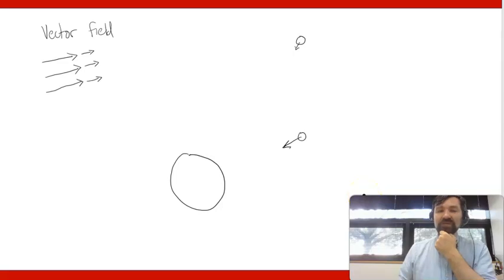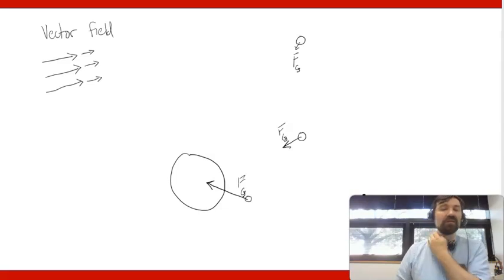Maybe somewhere else in the orbit, you happen to be fairly close in to the planet like this. So same object again. And the force of gravity now maybe looks like this. So this would be Fg at this point, this would be Fg at this point, and this would be Fg at this point.